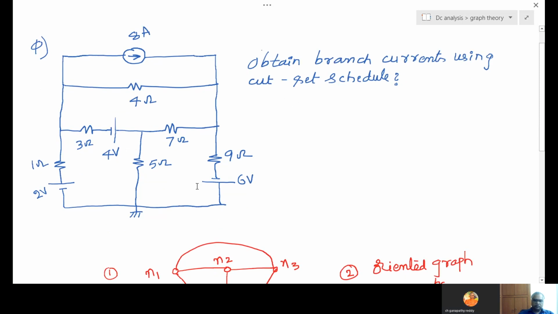And these are the nodes: node N1, node N2, node N3, node N4 as usual.